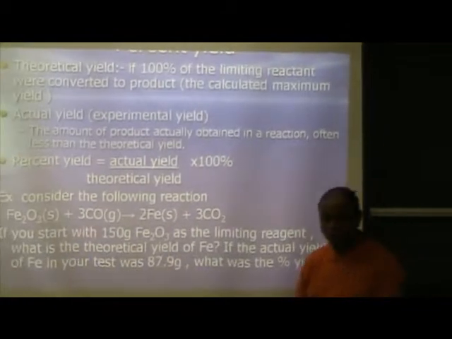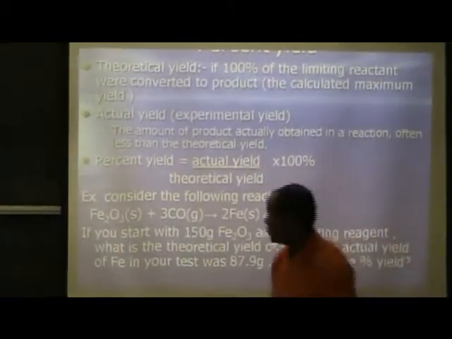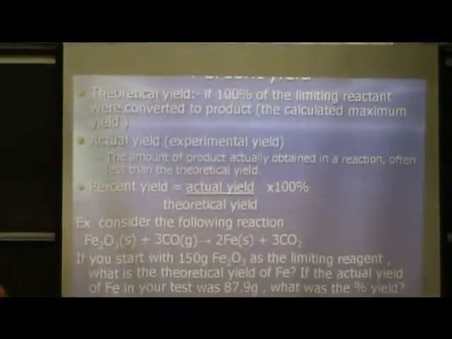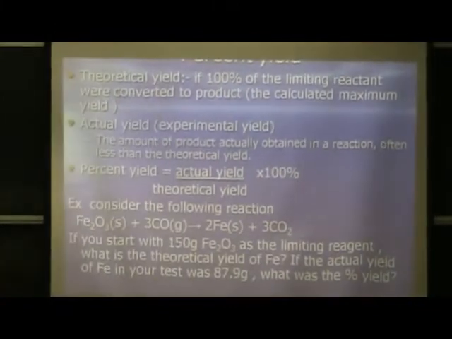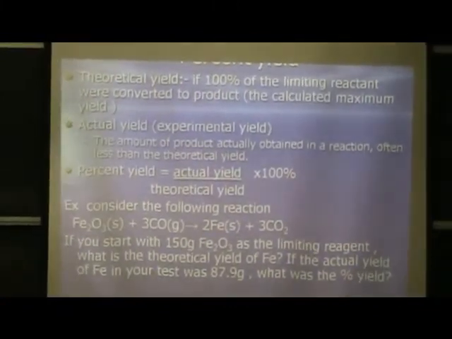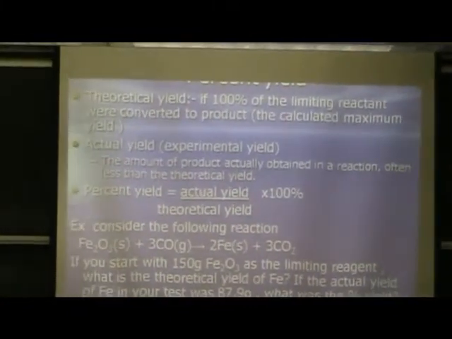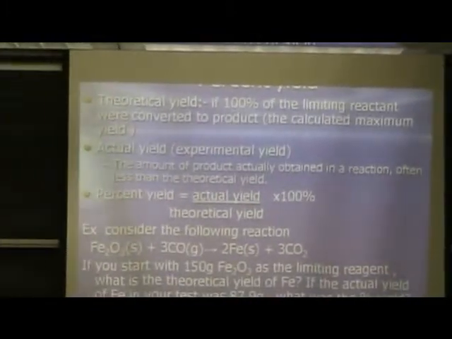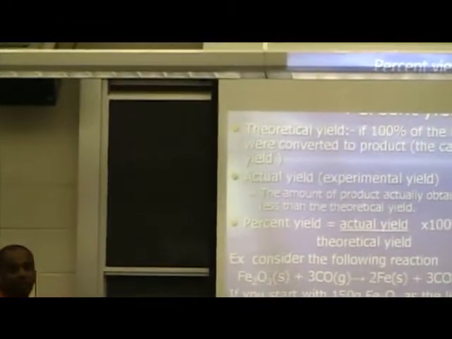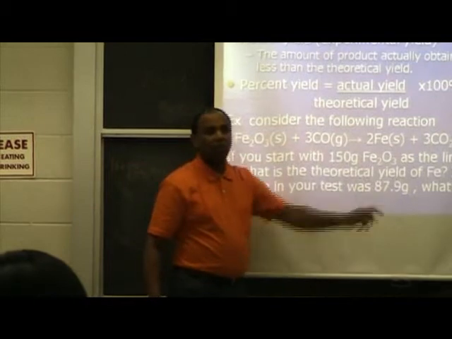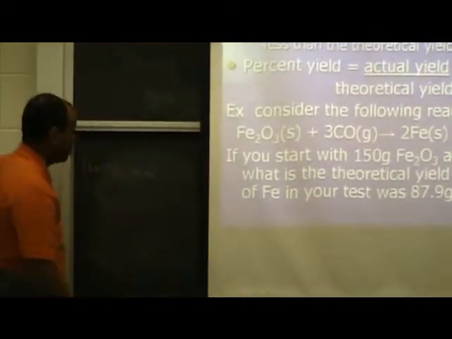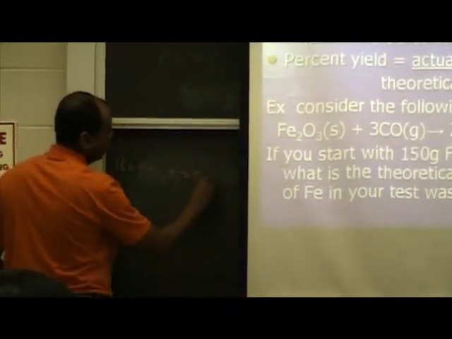So 160 grams of iron 3 oxide gives you how many grams of iron? 56 times 2, right? It's 112 grams of iron.